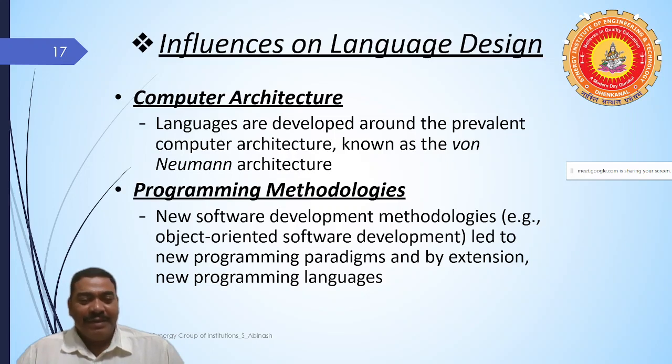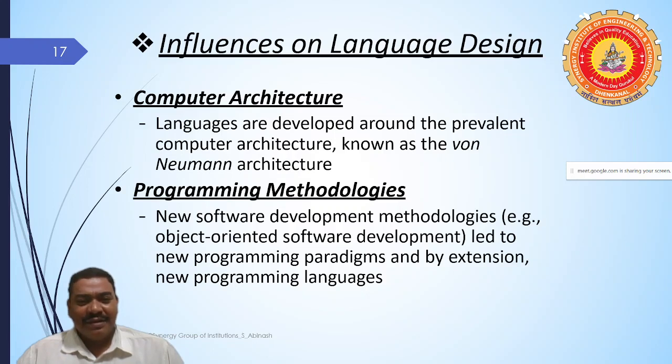So it is based on the computer architecture, right? It is the computer architecture which influences the design of new languages. First, the digital computers were designed, based on binary language, 0 and 1. Binary language means machine language, zeros and ones, which was not readable.